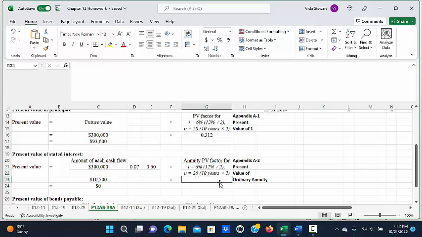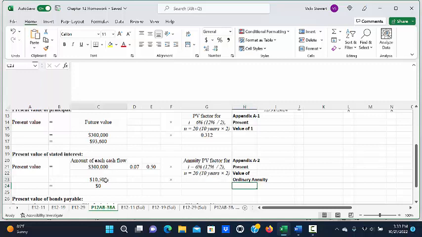So now we need to determine what the present value of the 20 semi-annual interest payments of $10,500 would be at the market rate of 12%. We use a different table for this because these are a series of payments, or what we call an annuity. And so for this, we will use the Appendix A2 table, which is the present value of an ordinary annuity. The ordinary part just means that the payment comes at the end of the period.